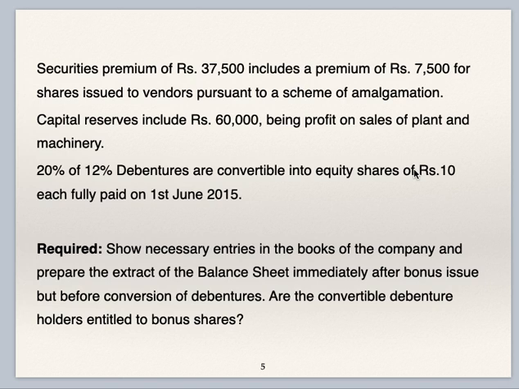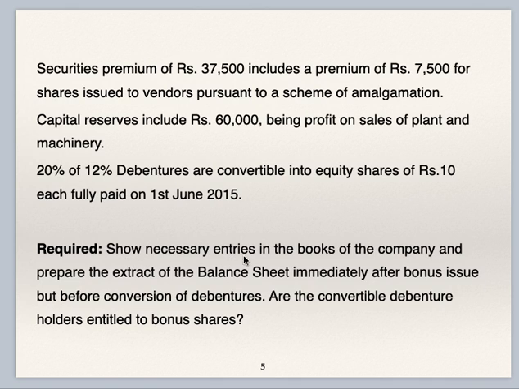So that means 1,50,000 worth debentures will now be 1,50,000 worth equity shares. Value of equity shares is rupees 10. So these debentures will get converted into 15,000 equity shares of 10 each.